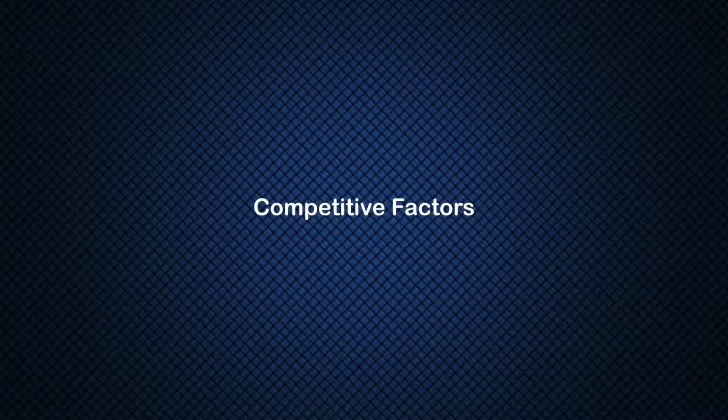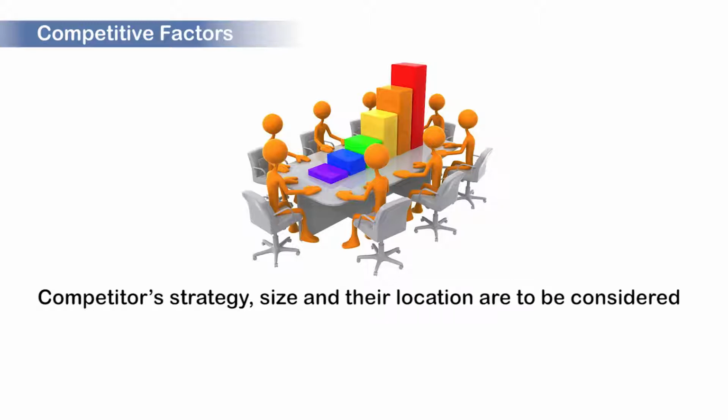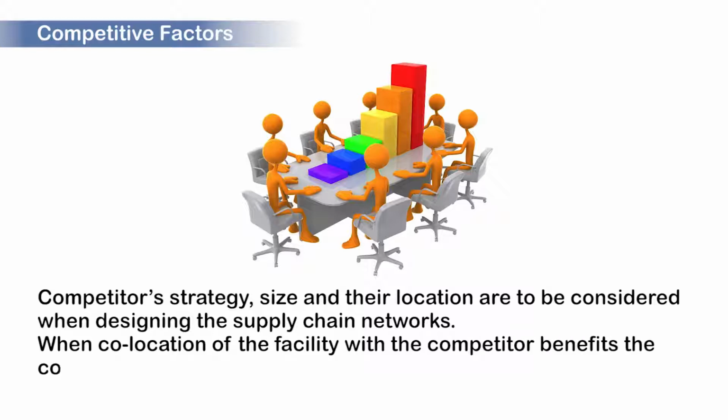Competitive factors play an important role in identifying the best possible location. Competitive strategy, their size, and location are to be considered when designing the supply chain networks. When co-location of the facility with the competitor benefits the company, they locate themselves closer and get the benefit.